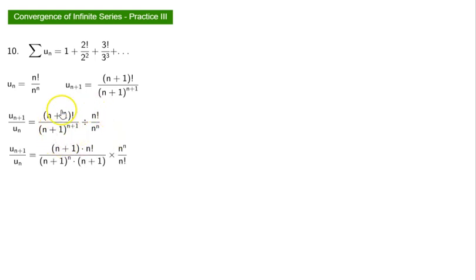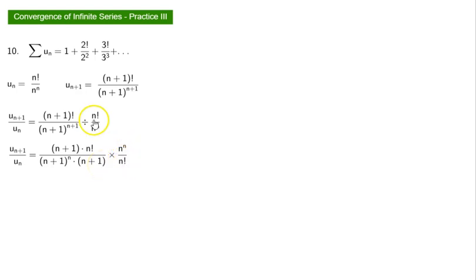So now we start simplifying it. So here n plus 1 factorial can be written as n plus 1 times n factorial. And in the denominator, n plus 1 to the power of n plus 1 can be written as n plus 1 to the power of n times n plus 1.